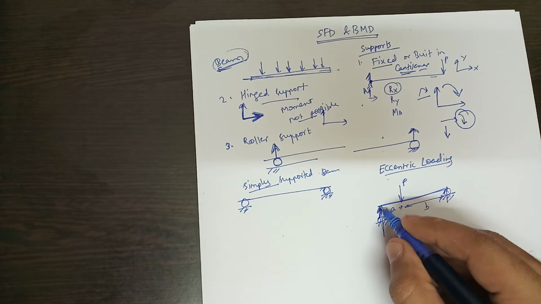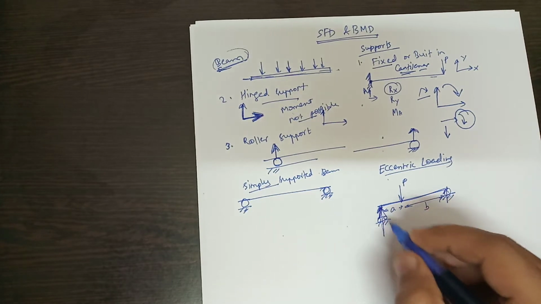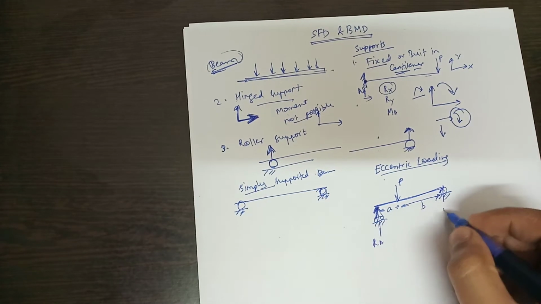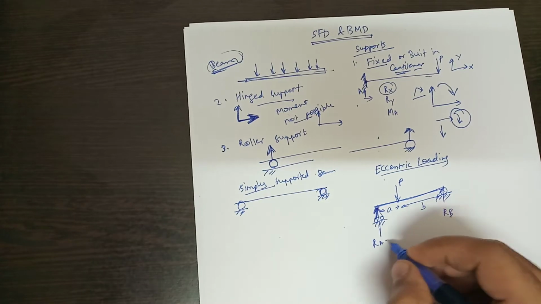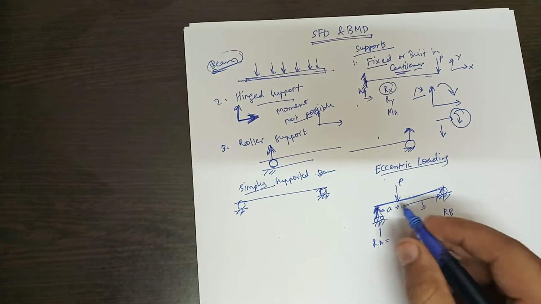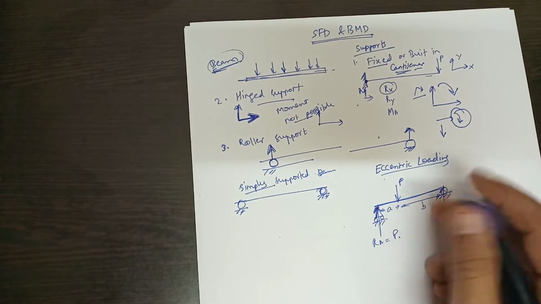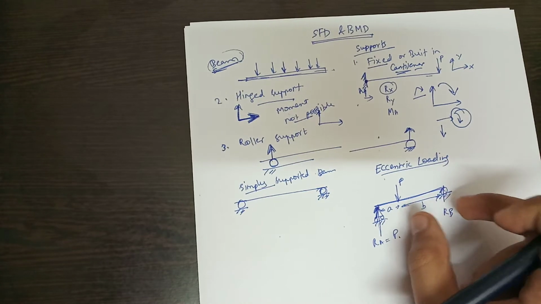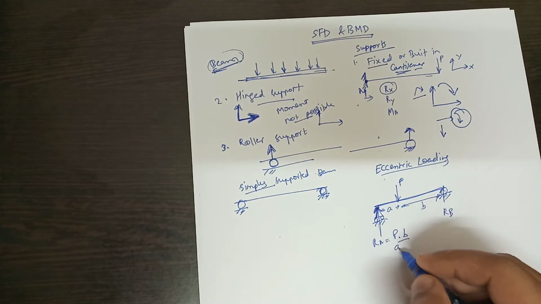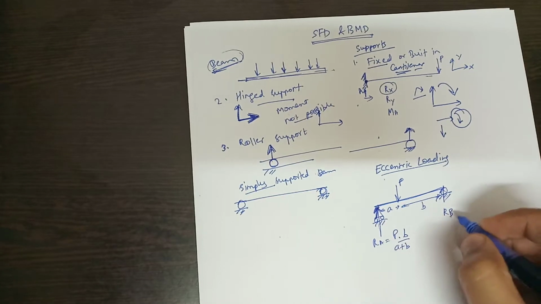So in order for this beam to be in equilibrium, reactions will be acted upon by the supports. So RA will be force into distance from the other end, P into B upon A plus B, the total length.